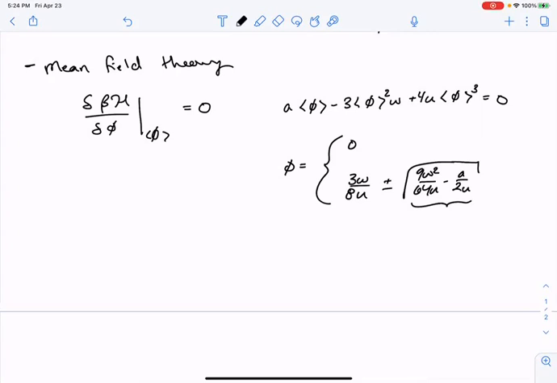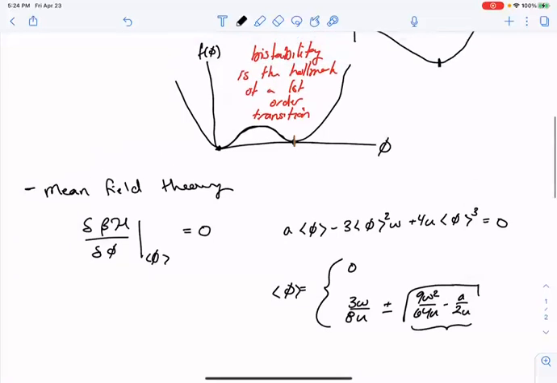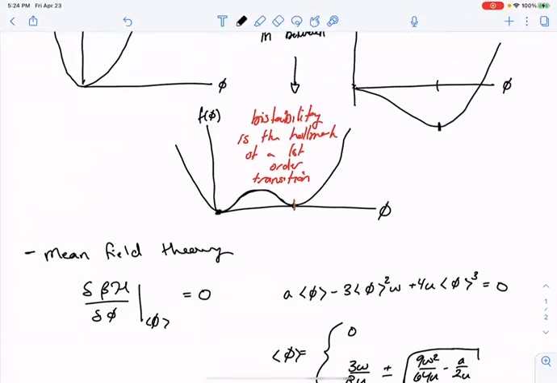A way to determine simultaneously what the average value of phi is, in addition to where the transition occurs, is to ask specifically for when this condition is satisfied, namely when the free energy of the disordered state is equal to the free energy of the ordered state.